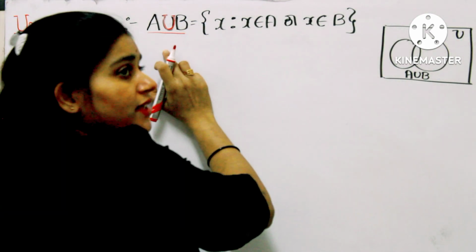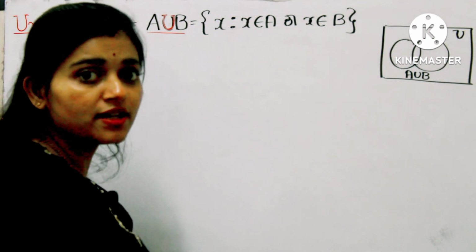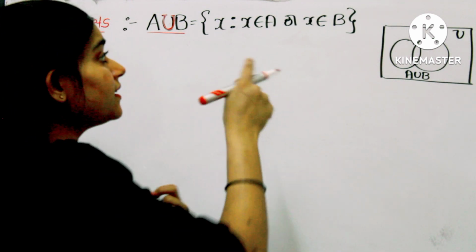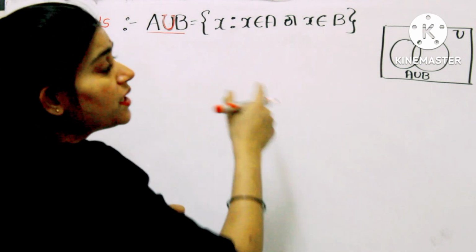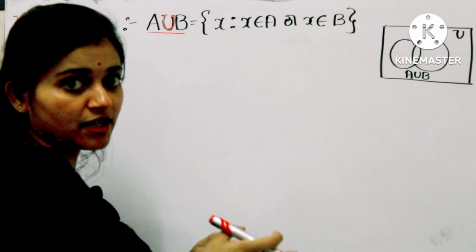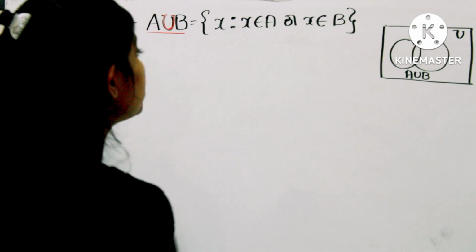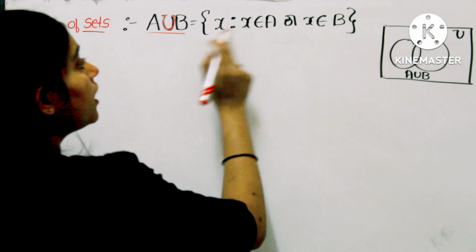If there are two sets A and B, then how to write A union B? You have to write either the elements in A or the elements in B. You combine the elements of A and B at once, and that is A union B. So in set builder form, how to write this?